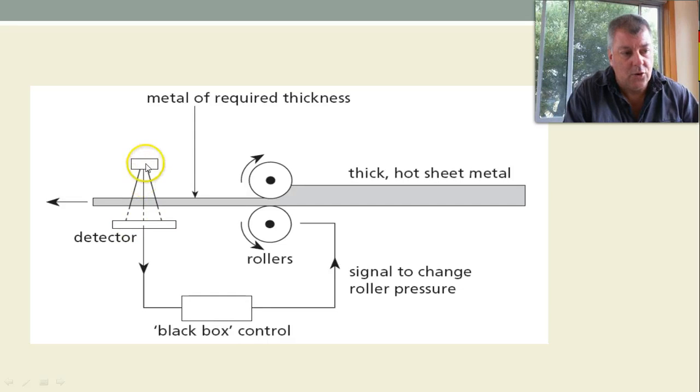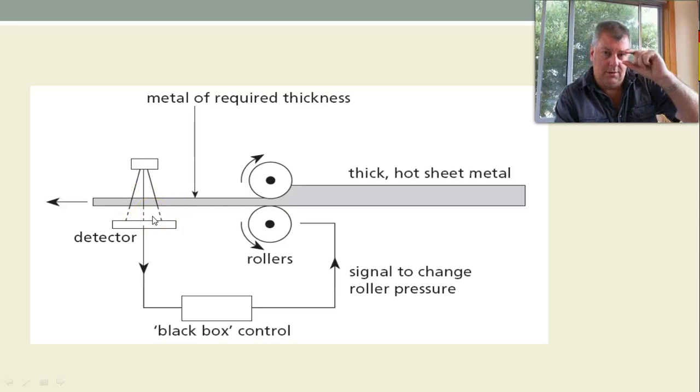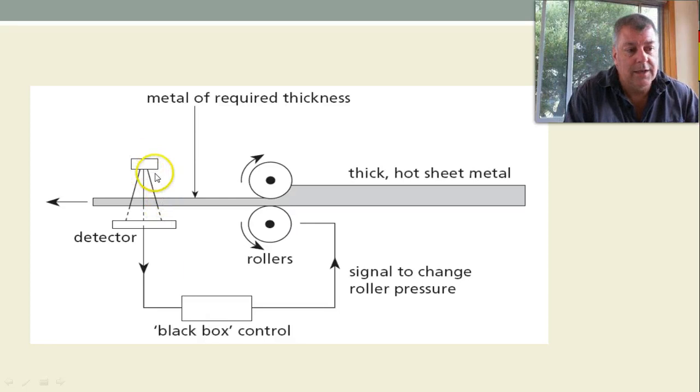And here's a question: what sort of radioactivity would they use if they want to measure a sheet of steel that's a couple of centimeters thick? Well, clearly it would have to be something like a gamma emitter in that case, or they get really clever and use a combination.